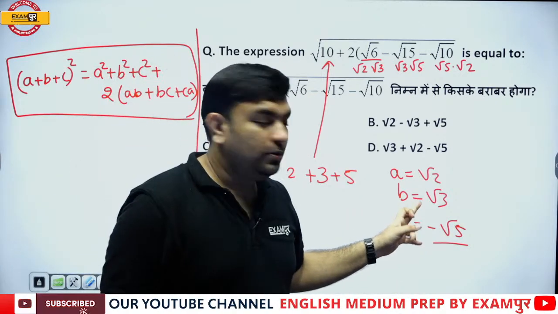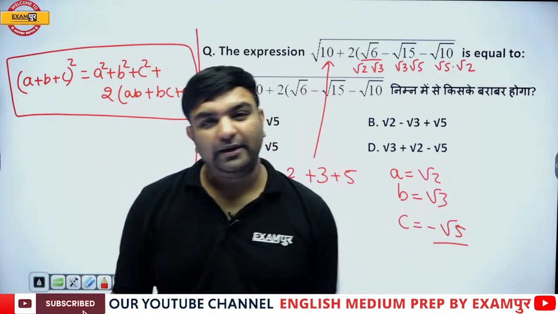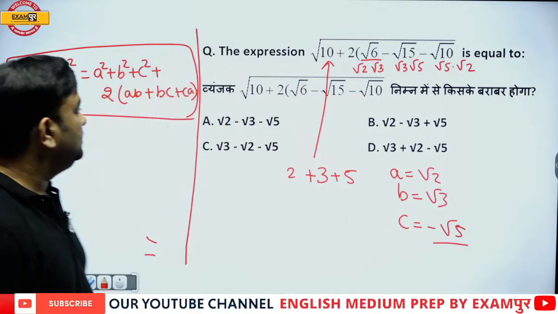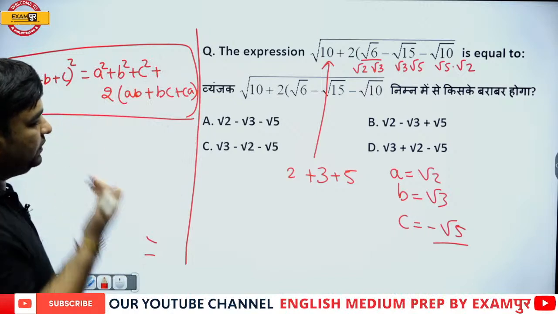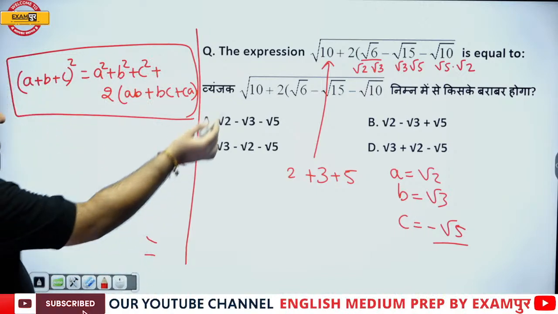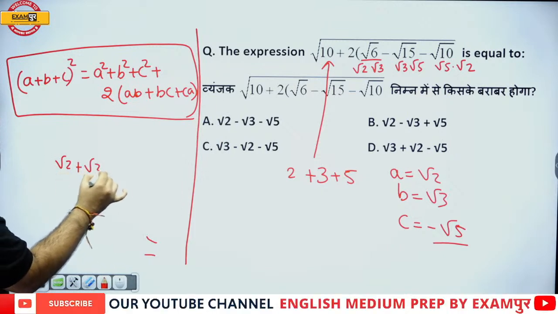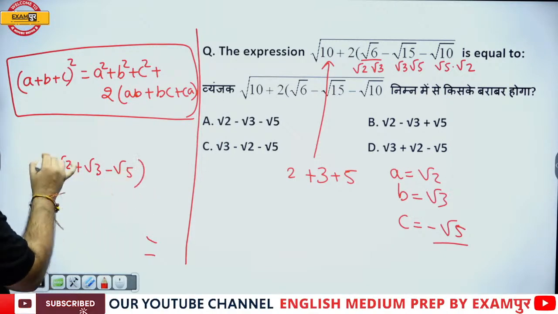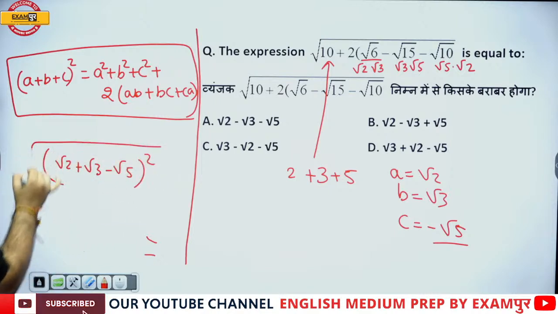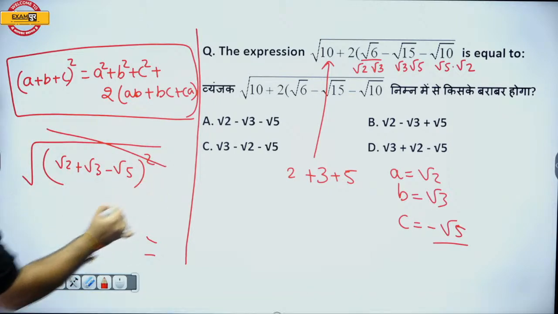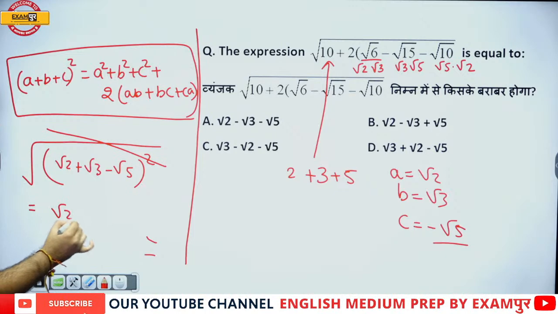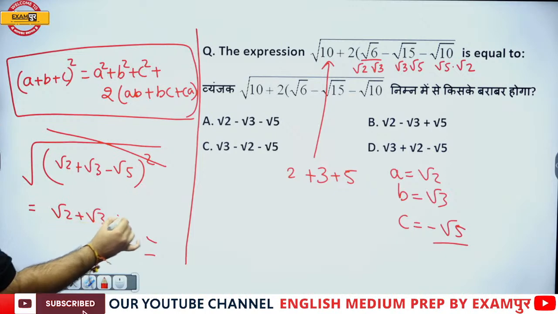So a is root 2, b is root 3, c is minus root 5. So this entire expression can be written as under root, (root 2 plus root 3 minus root 5) whole square. Whole square and under root will cancel out each other. Answer is root 2 plus root 3 minus root 5.